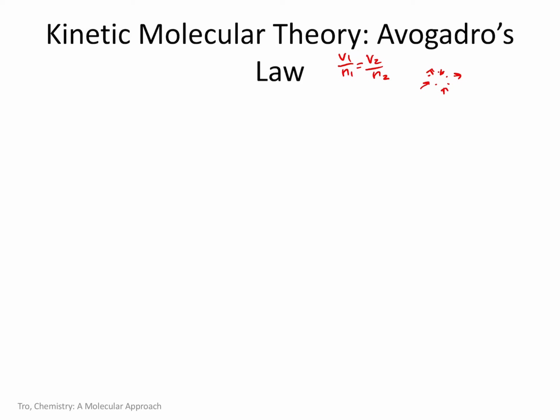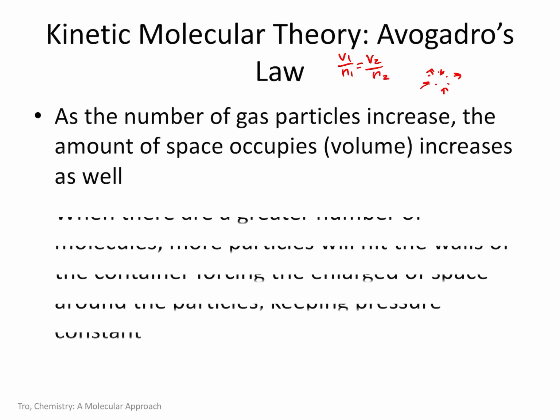So if there's more collisions between these particles, they're going to force a greater volume. The greater number of collisions results in a greater overall force on the surrounding surfaces. Now again, if we want to keep the pressure constant, we have to expand the space that these particles are in, which means you actually have to increase the volume.